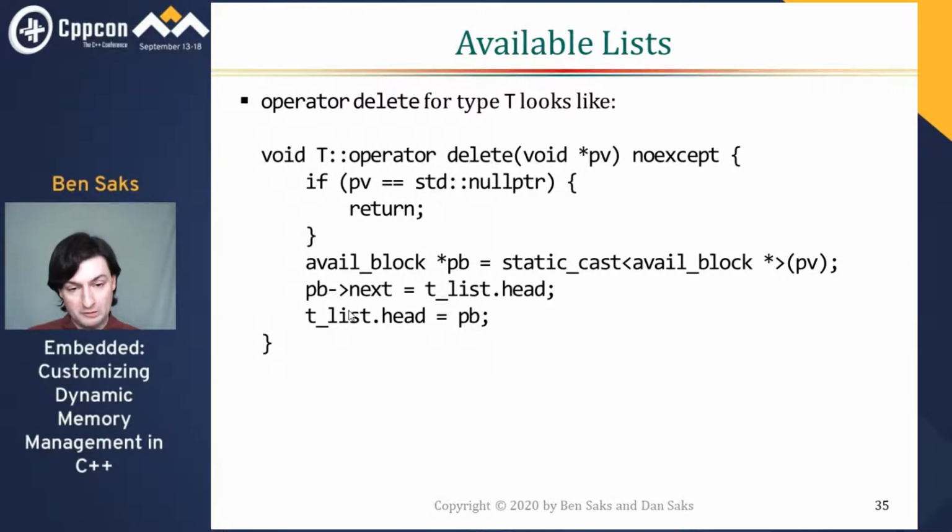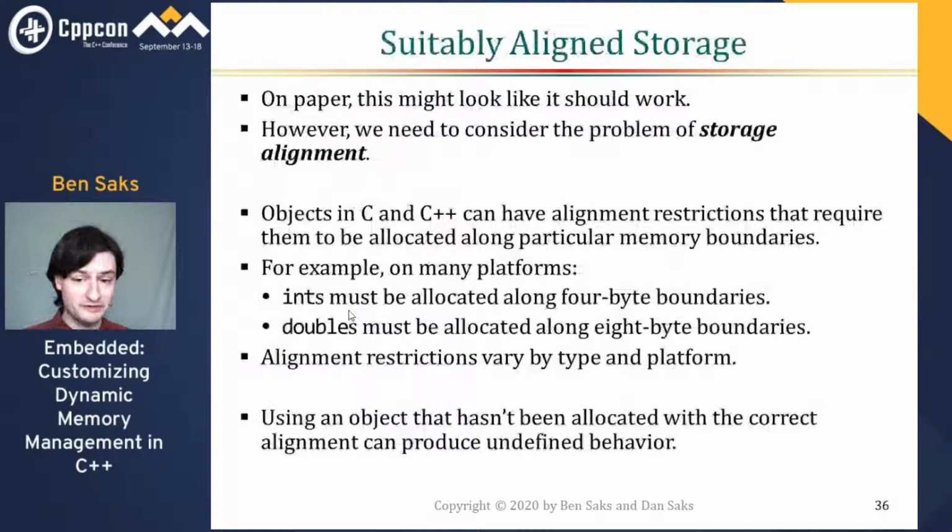Now, on paper, that implementation looks like it should work, but it's actually more complicated than that because we need to consider the problem of storage alignment. Types in C and C++ have alignment restrictions that require them to be allocated on certain memory boundaries. On a lot of platforms, ints have to be allocated on 4-byte boundaries, doubles have to be allocated on 8-byte boundaries.